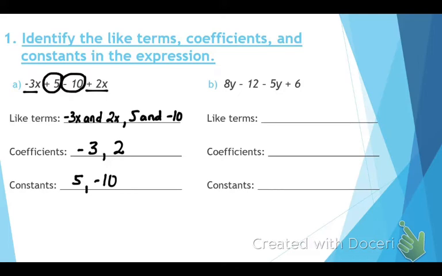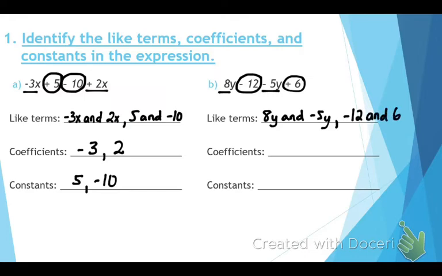Okay, as I walked around, a lot of people did get it correct, but there's a couple things I want you to remember. Say that saying with me that we've said quite a few times. Every number has a sign, and that sign is directly in front of that number. So if somebody forgot something, a lot of times what I saw was they forgot their sign. Okay, so the like terms are 8y and -5y. What else are my like terms? -12 and 6.